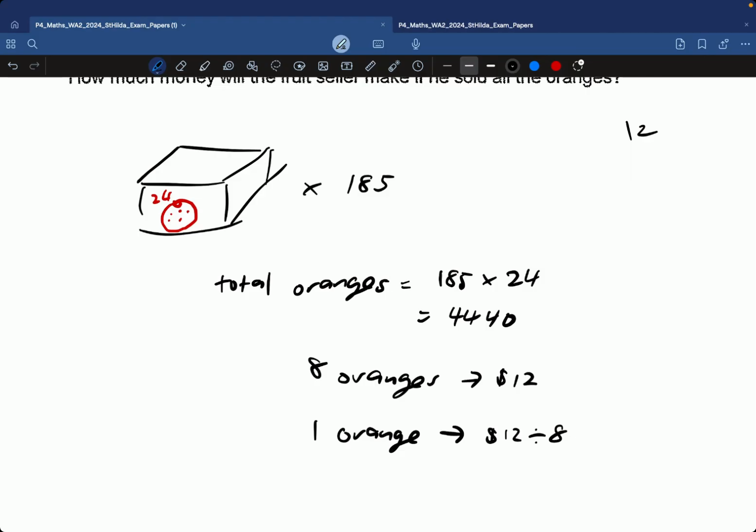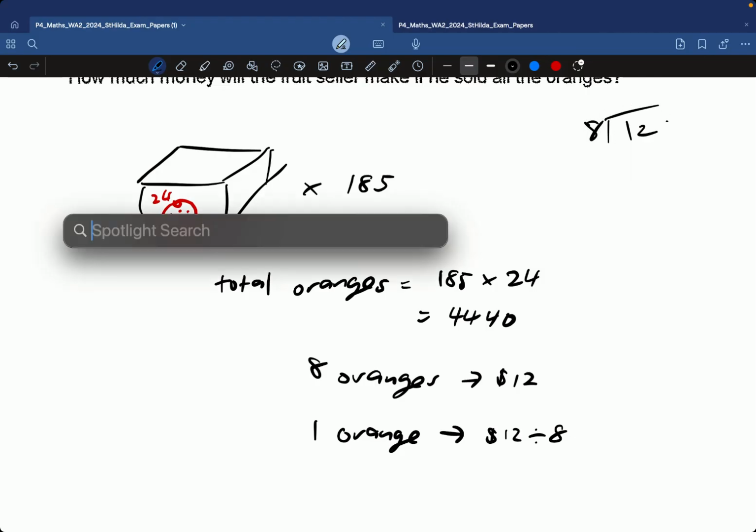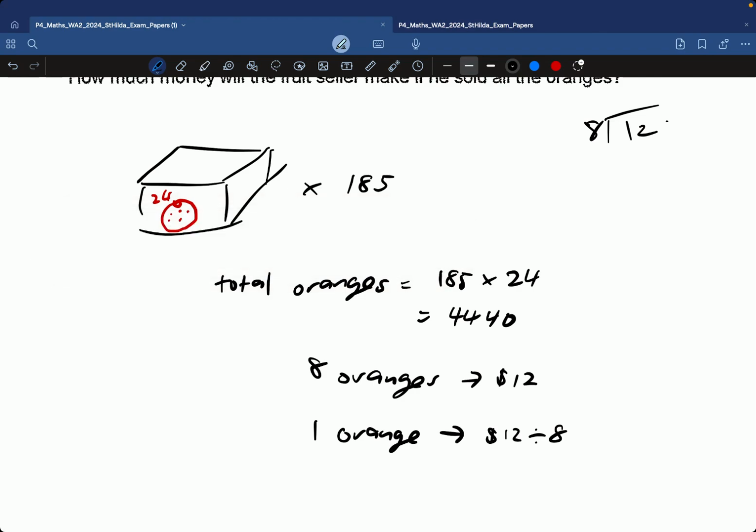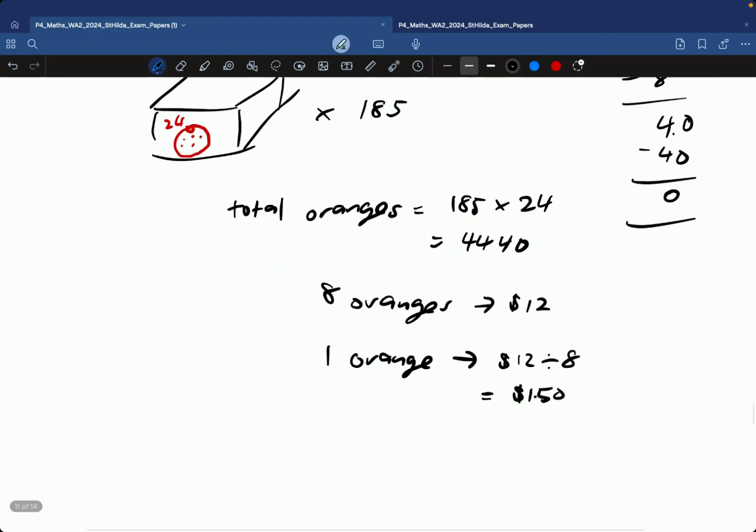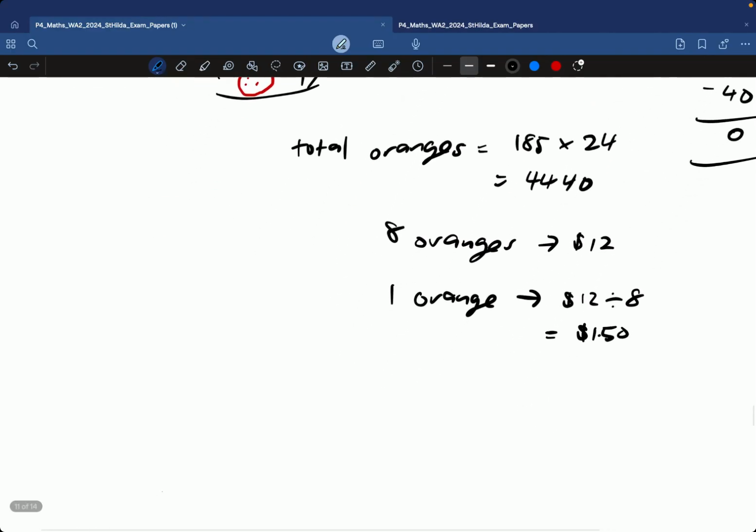Gonna use the calculator. 12 divided by 8. This will give us $1.50. So now we have a total of 4,440 oranges.